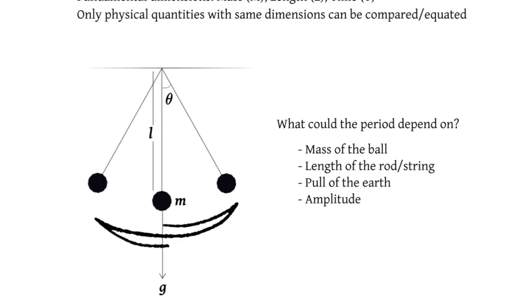Let's look at our setup, that of a pendulum. What we will first do is try to identify all those parameters which can affect the period of a pendulum. Intuitively, the more important factors seem to be the length of the rod, the mass of the ball, acceleration due to gravity, because that's what is going to make the motion possible, and the amplitude theta, which is the angle to which the pendulum is raised before it is released and starts oscillating.